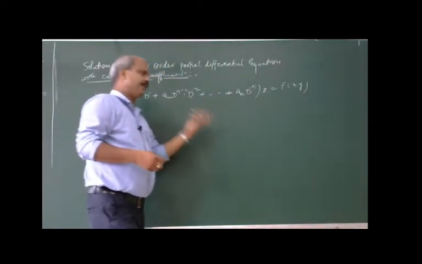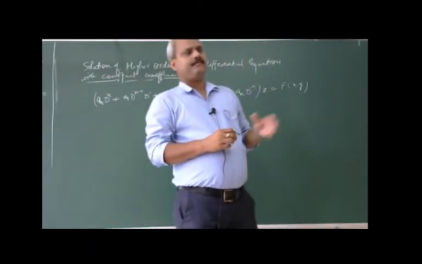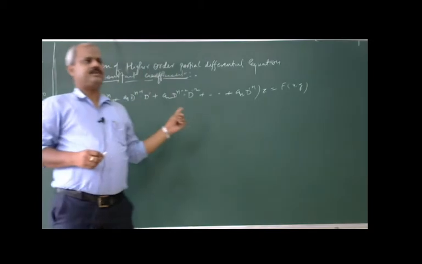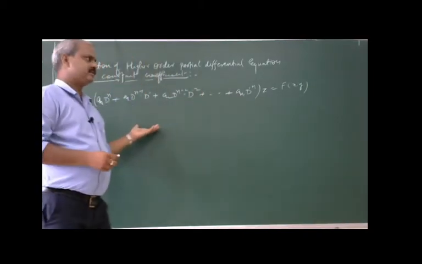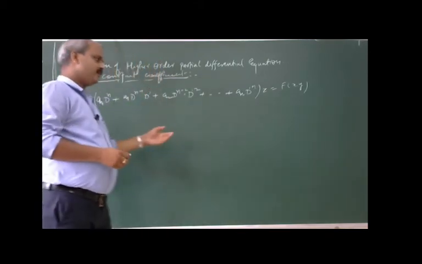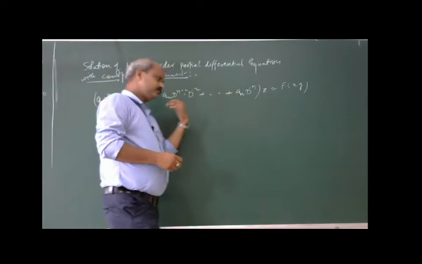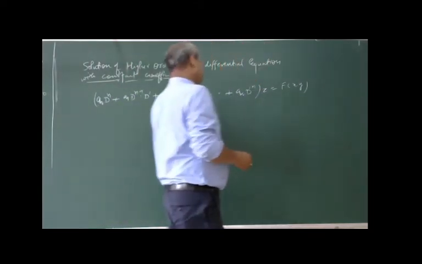It means the complete solution of the differential equation is the sum of the complementary function and particular integral. In the last video lecture, you have learned that to find the complementary function, first write the auxiliary equation.